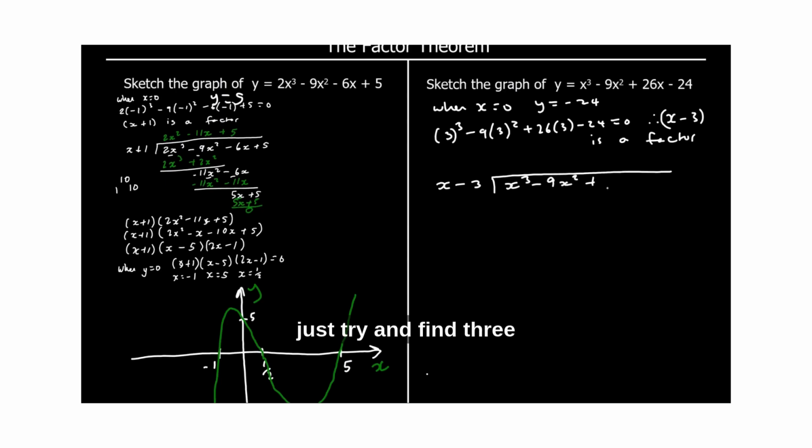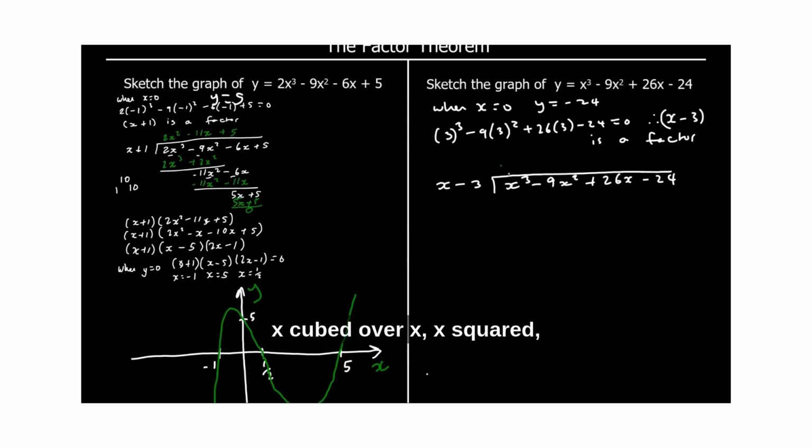You could, of course, just try and find 3 factors. So you found the first one, and then 24 divided by 3 is 8, positive 8. So you could try finding 2 more factors using that. But let's do the long division for now.